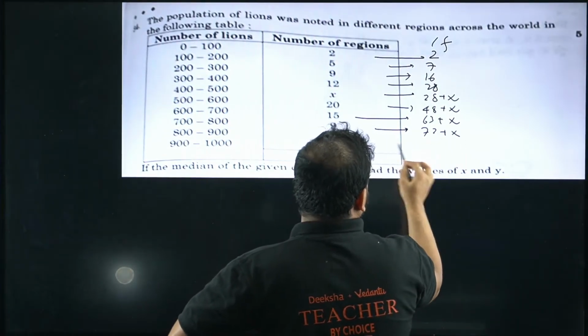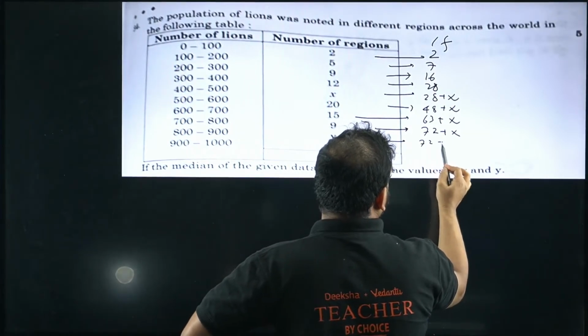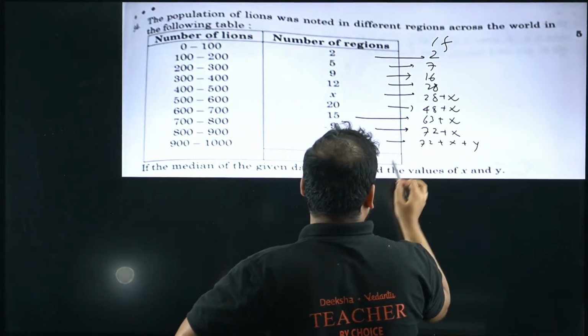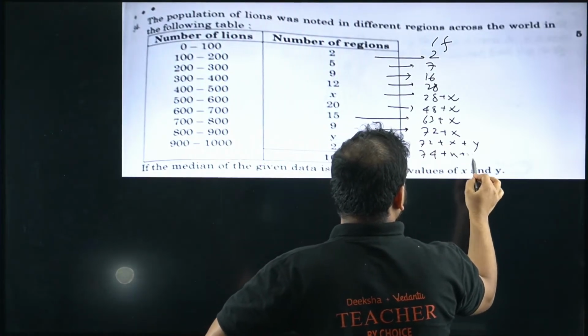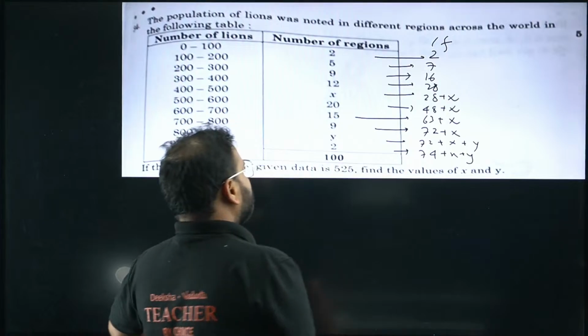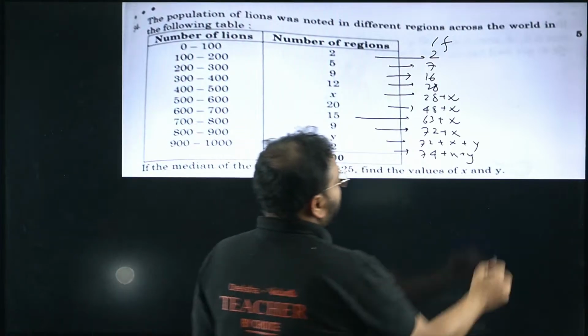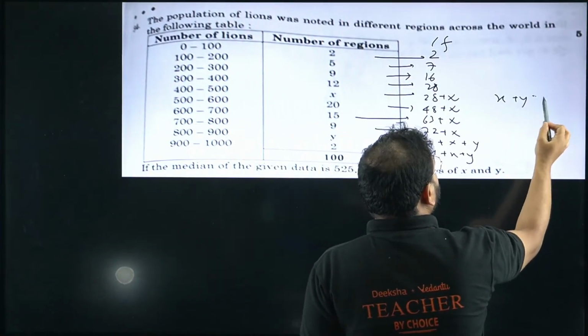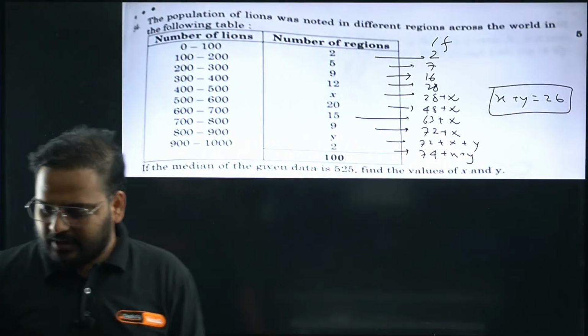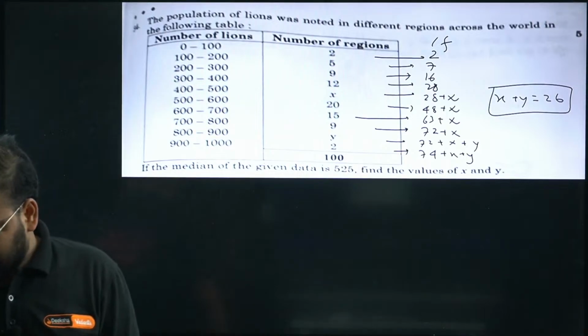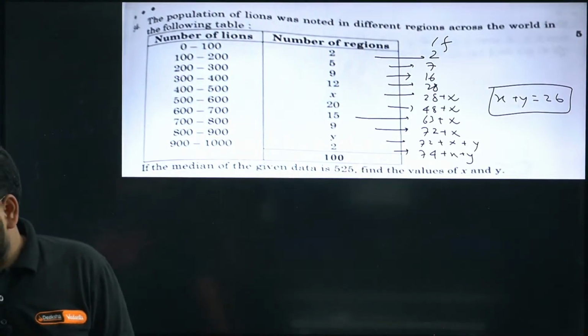You have then y, 72 plus x plus y, and this one will become 74 plus x plus y. If you see this, they have given the total sum as 100. It means from here I get x plus y as 26. Please check, x plus y is 26.